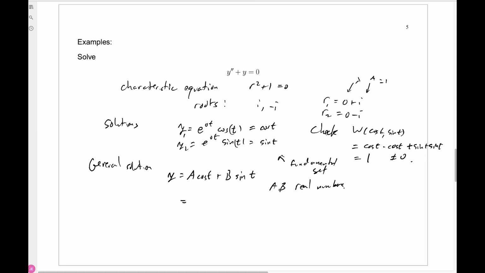I claim you can write a cosine t plus b sine t as what I'll call r cosine of t minus delta.